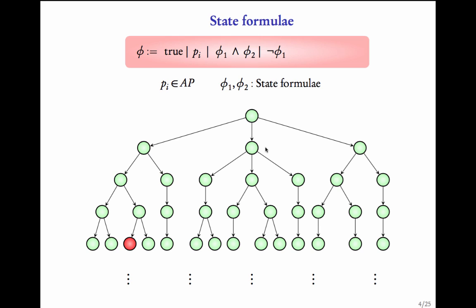Similarly, P2 would be true on the states which are labeled by P2. You can form ANDs and NOTs. You can say P1 and not P3, for instance. These are all properties which can be evaluated on the state itself. And hence they are called state formulae.